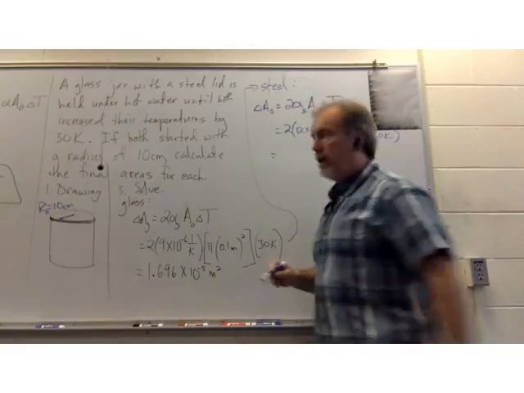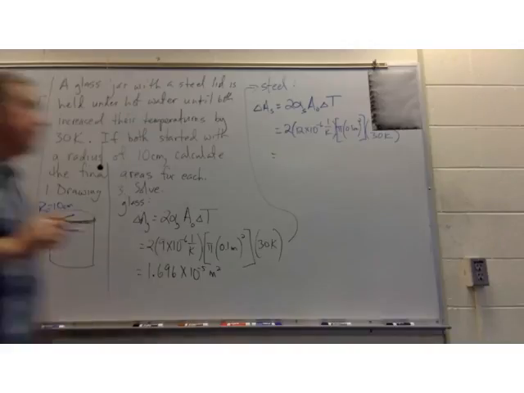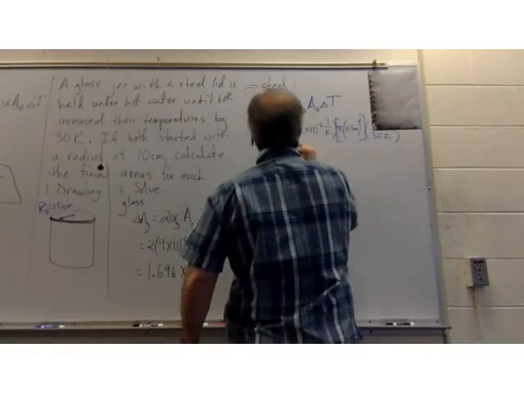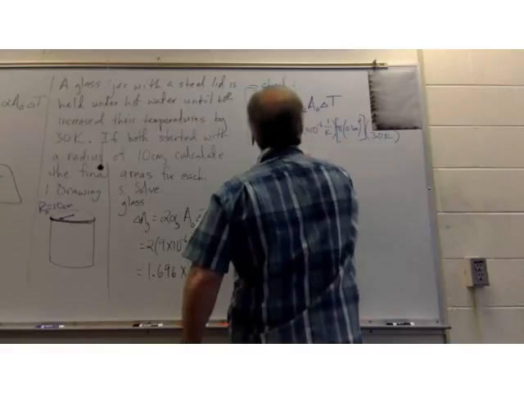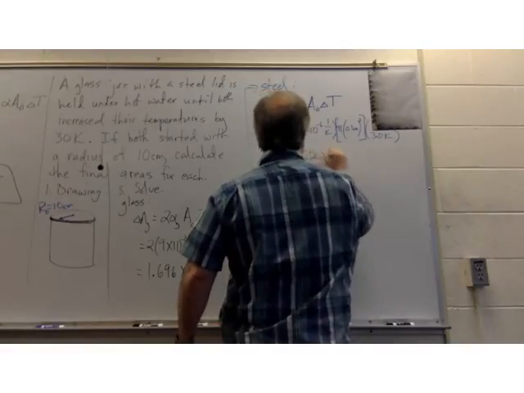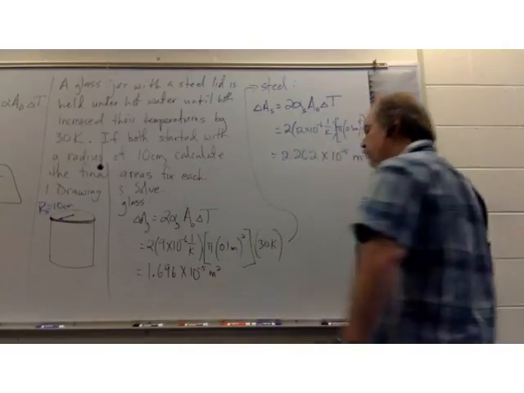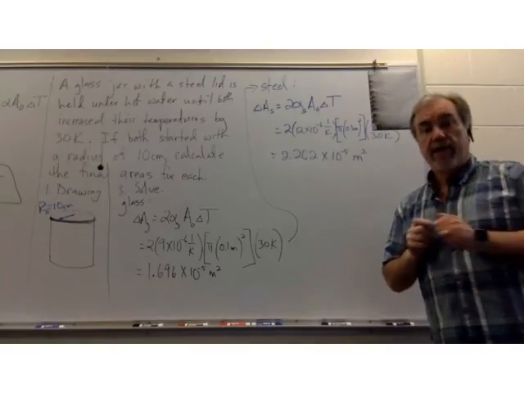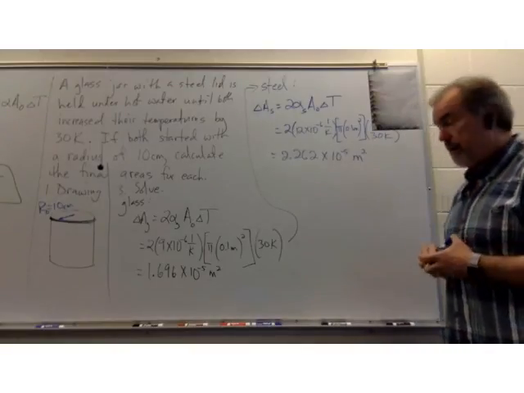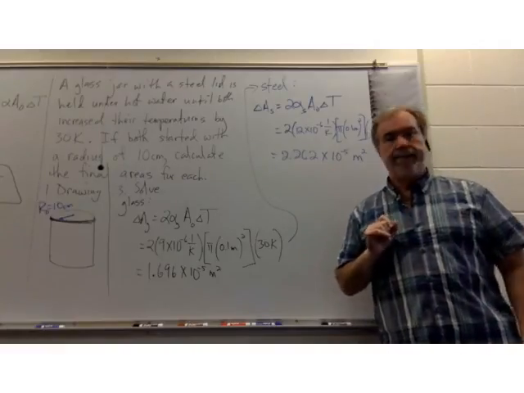And I plugged in those numbers, and I got 2.262 times 10 to the minus 5 square meters, which is definitely larger than the increase of area of the glass jar. Okay, and by area, I'm talking about the area of the circular opening of the jar, right?